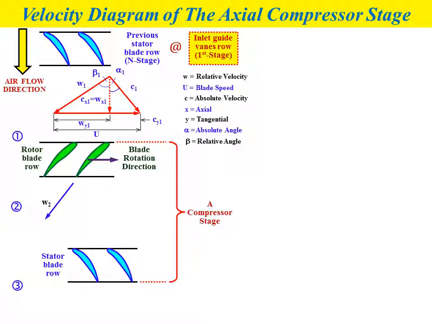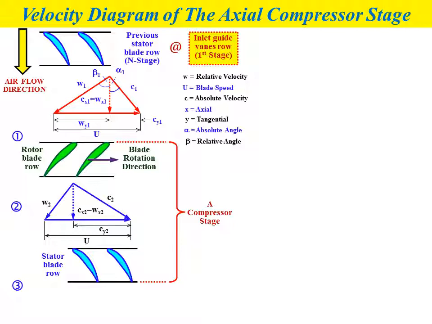For the velocity at the outlet of the rotor or the inlet of the stator, we have W2 relative velocity plus blade speed U, which gives the absolute velocity C2. The axial velocity for both W2 and C2 is Cx2, which is equal to Wx2.